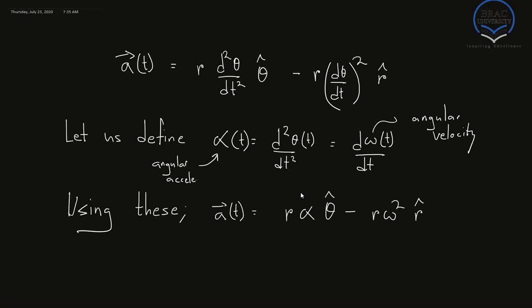So this quantity is angular acceleration. We shall see why that is, but at this point you plug this definition into this formula, you get a t equals r alpha theta hat minus r omega square r hat, which is something that makes a lot of geometric sense, as we shall see immediately.